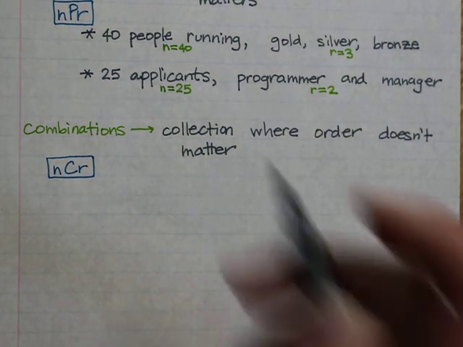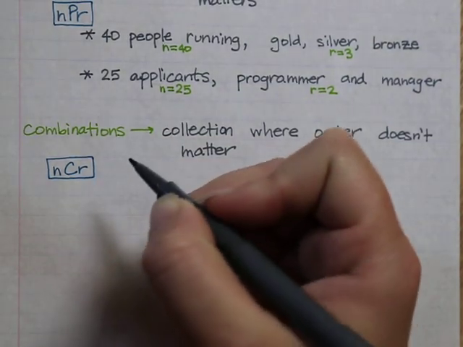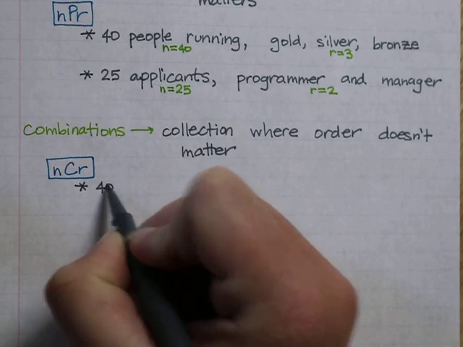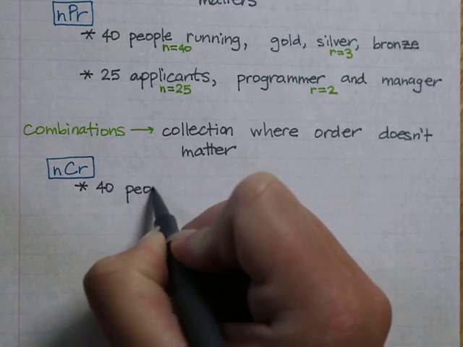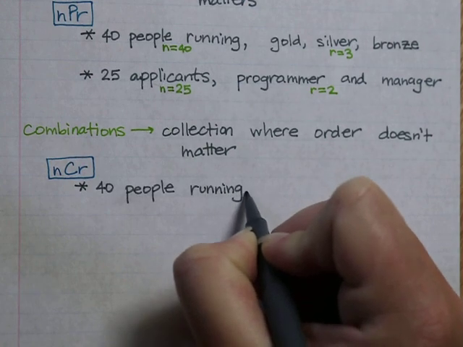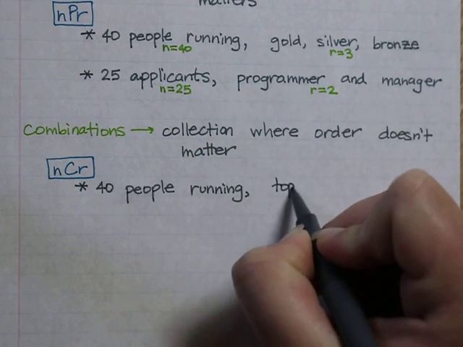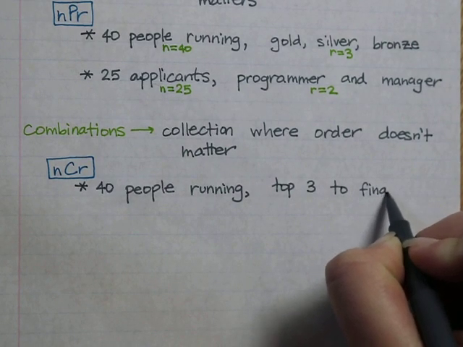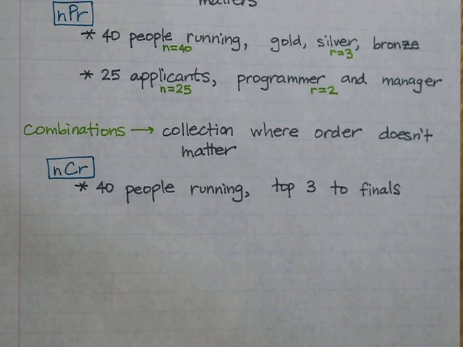Okay, so now let's take our two examples from before and say, hey, I've got 40 people running, but now I'm gonna say that the top 3 go to finals. And if you're not super familiar with like running stuff, that's fine.